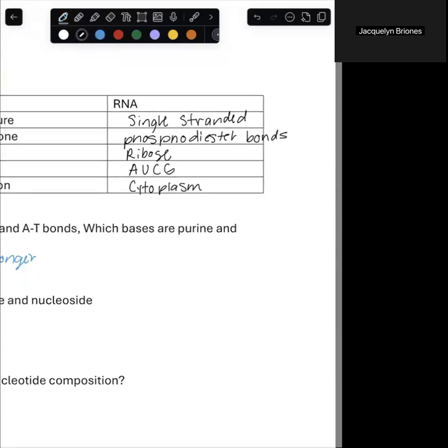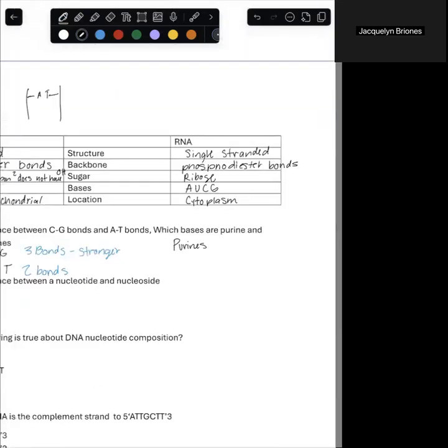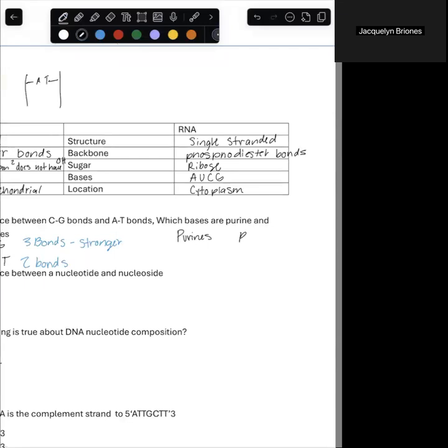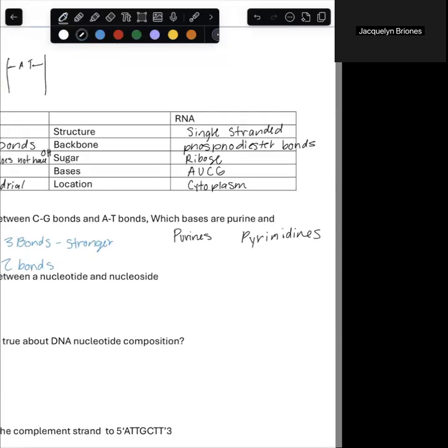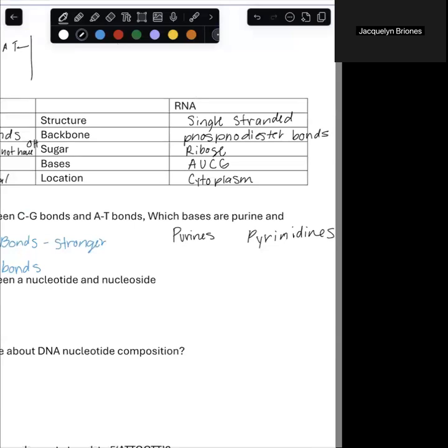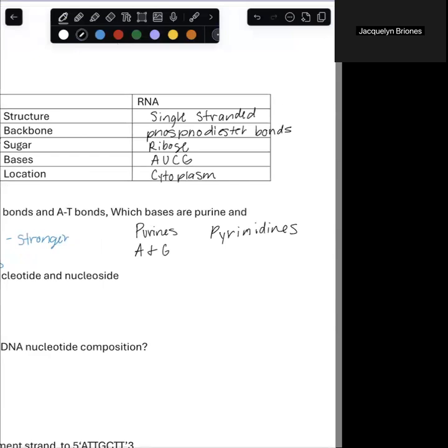And purines and pyrimidines. Our purines are A and G, and then our pyrimidines are C and T, right?